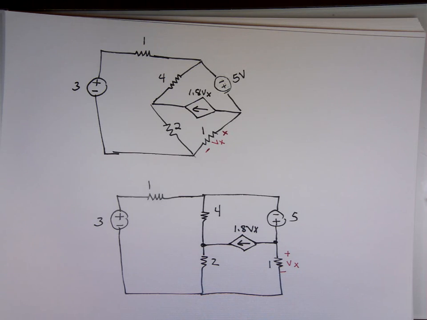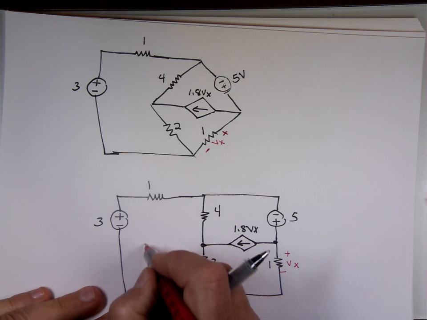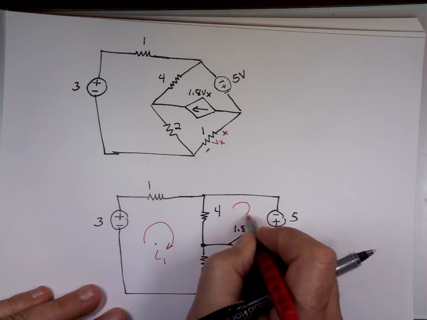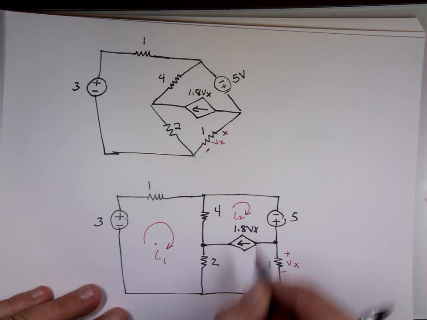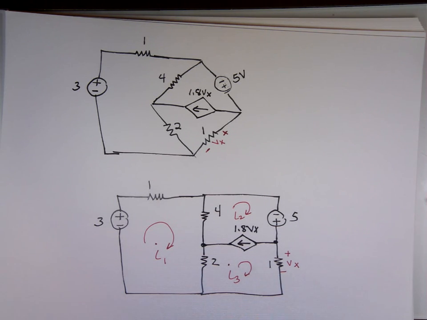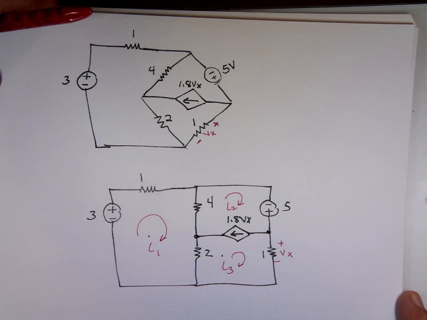Let's assign current again. I sub 1, I sub 2, I sub 3. And I got Vx already.